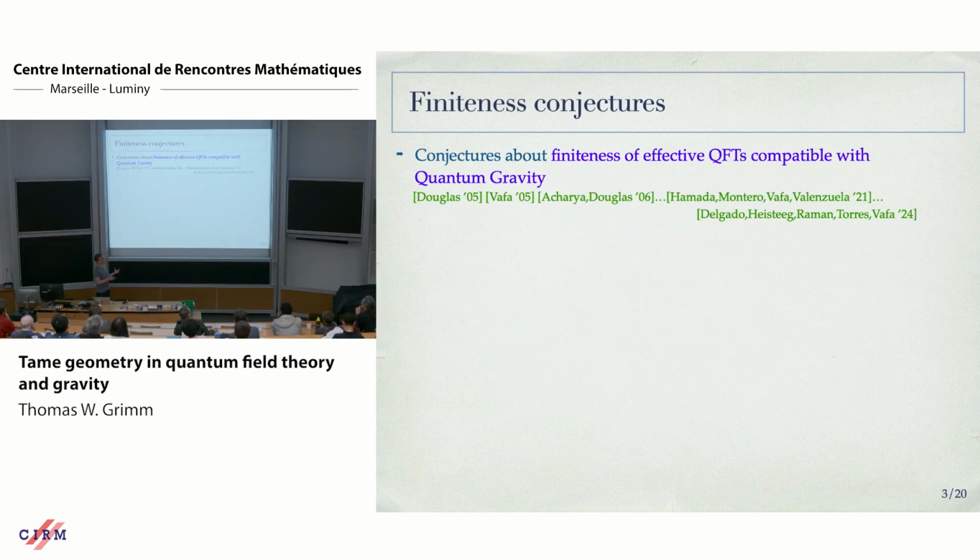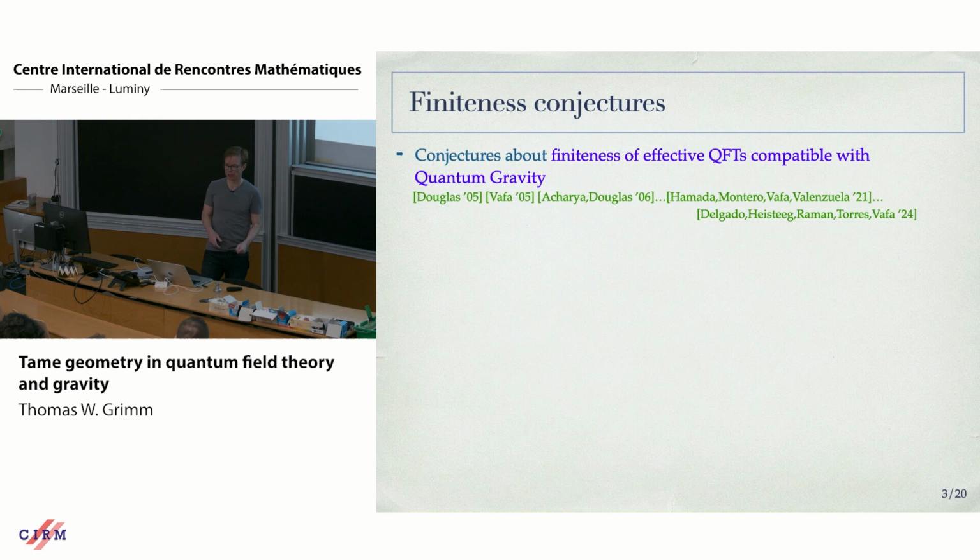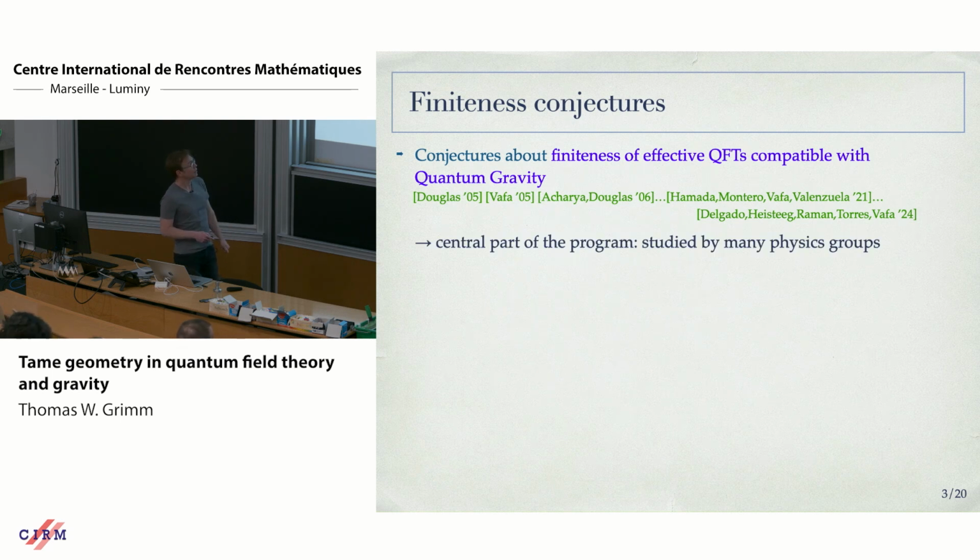And these authors counted them, if you want, as connected components, if you want to have a picture. There are many papers on this. Okay? So it is a central part of this program.